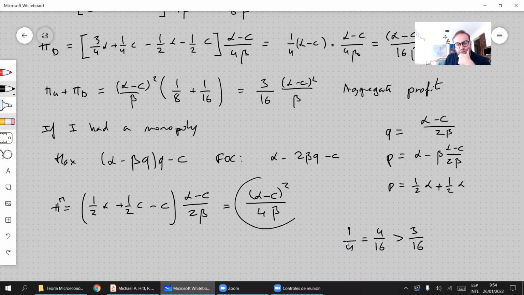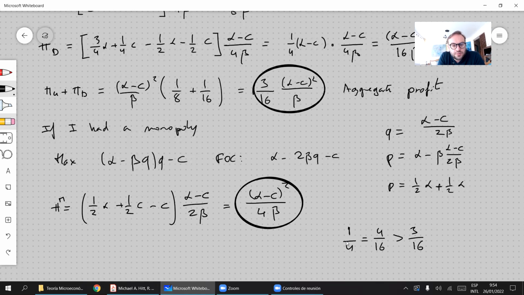So in effect, the profit if I had a monopoly is going to be larger than the summation of the profits for the two firms. Yes? Easy? Yes, it is quite clear.